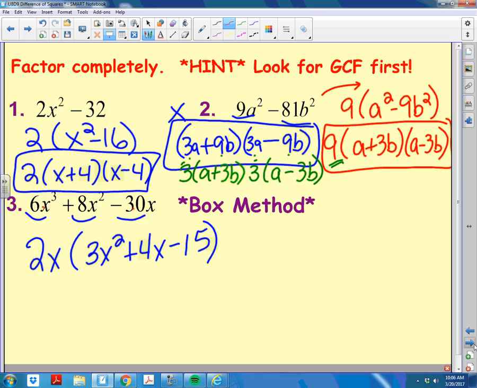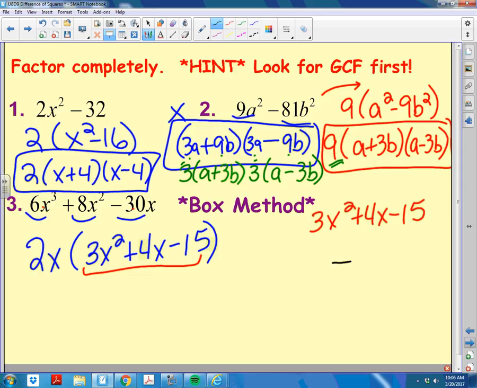Now, inside the parentheses, I have 3x squared plus 4x minus 15, right? There's no more GCF, and I have to factor it. So what's the first step in factoring?